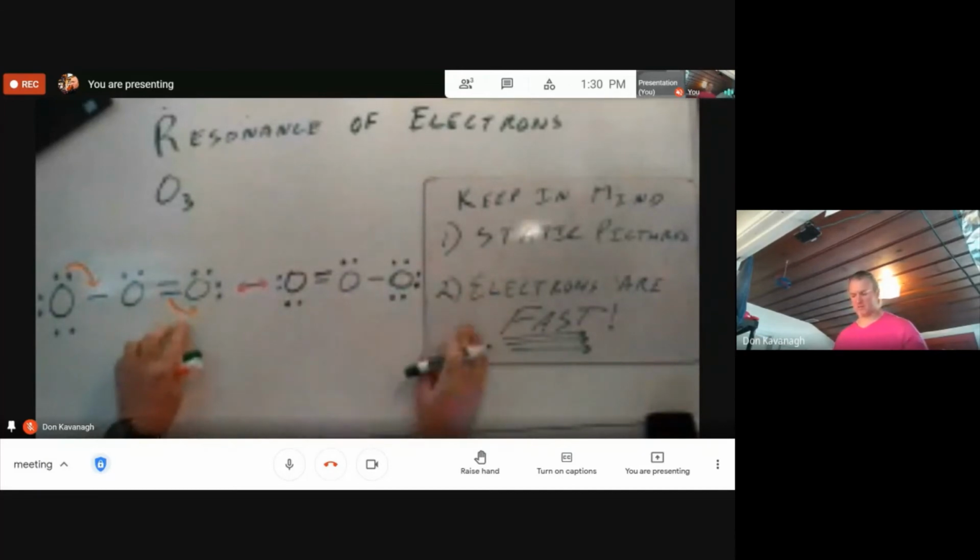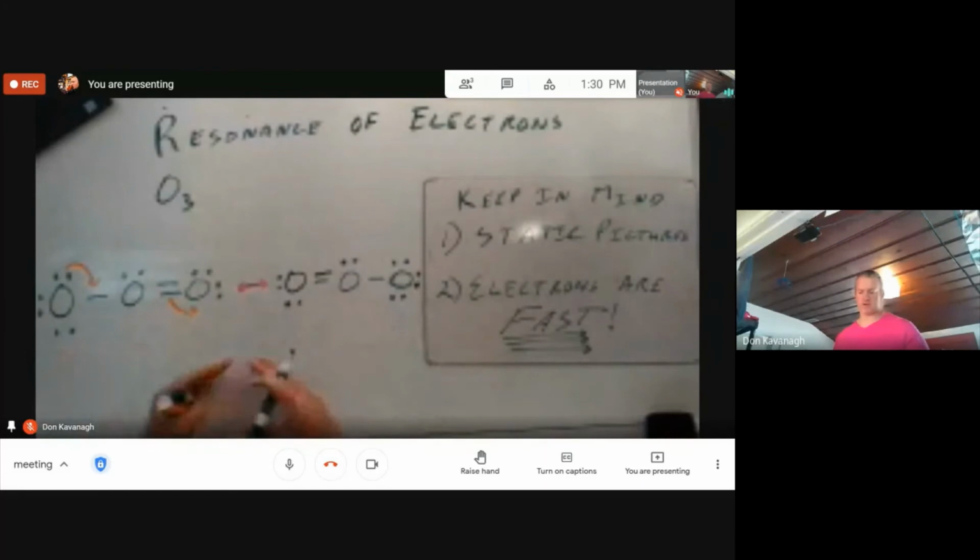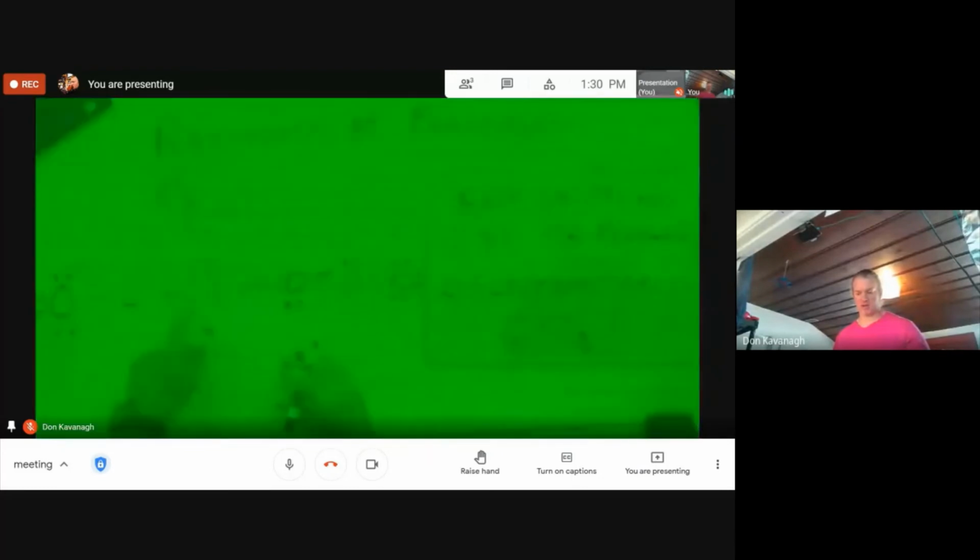We have physical proof that this occurs in crystallography images, X-ray crystallography. In X-ray crystallography, we freeze the molecules down to a very, very low temperature, and we take X-ray images of the molecules, of the nuclei, and we measure the distances between the nuclei.